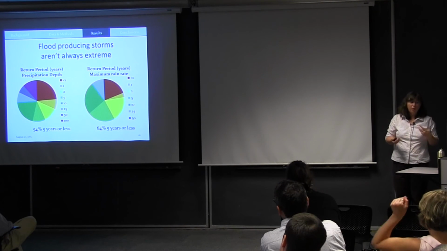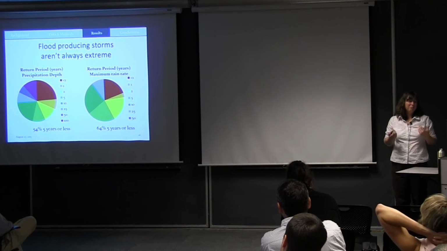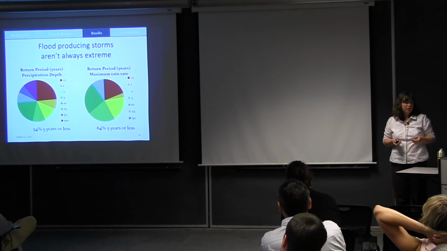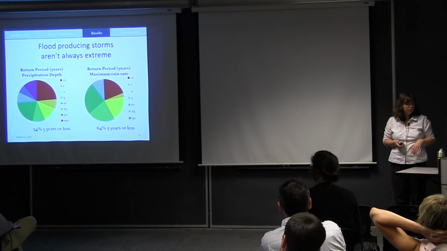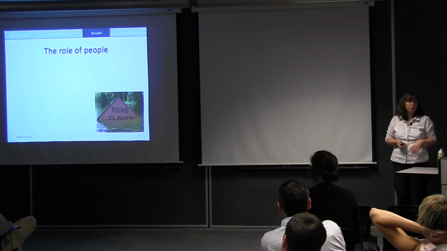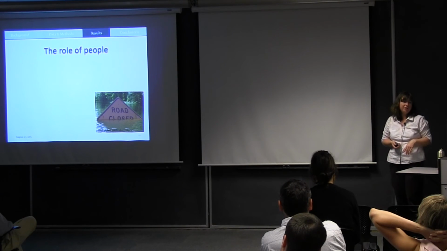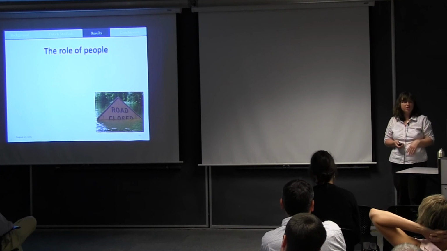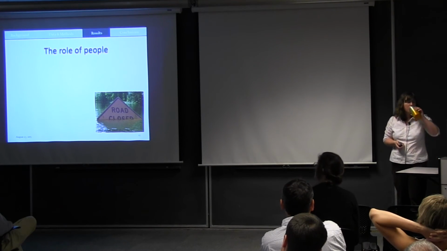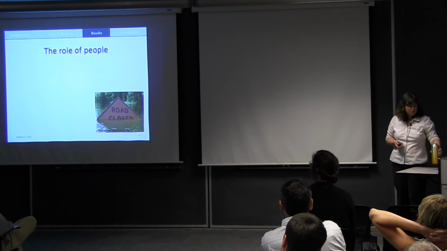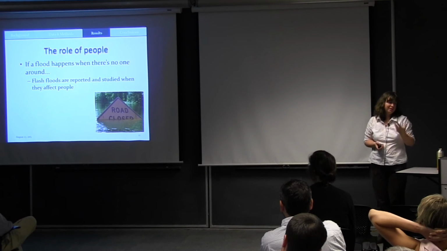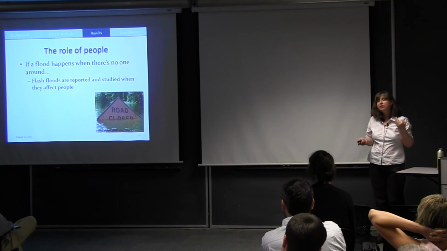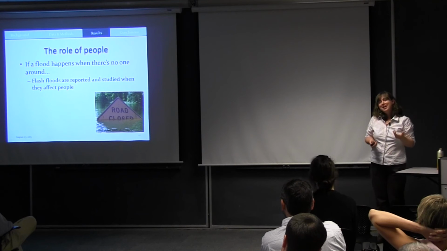So what's going on? Why are we seeing so many flash floods in places where these storms are not especially uncommon? I think a lot of it has to do with us. I think a lot of it has to do with the infrastructure that we've built. So my little joke, it's not even a very good joke, but if a flood happens when there's no one around, was it a flood?